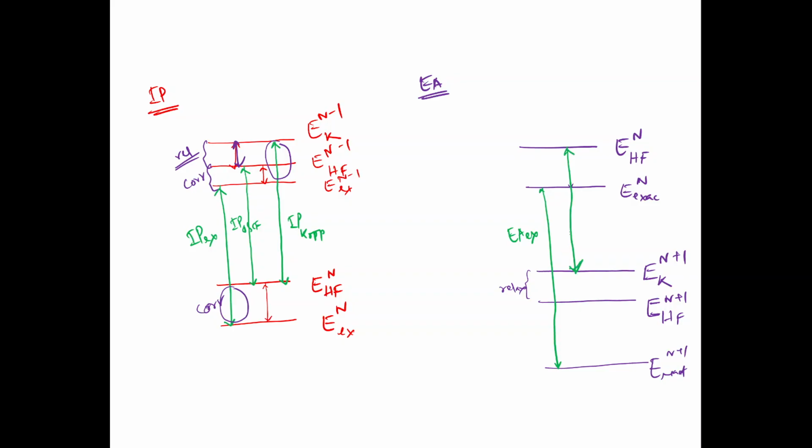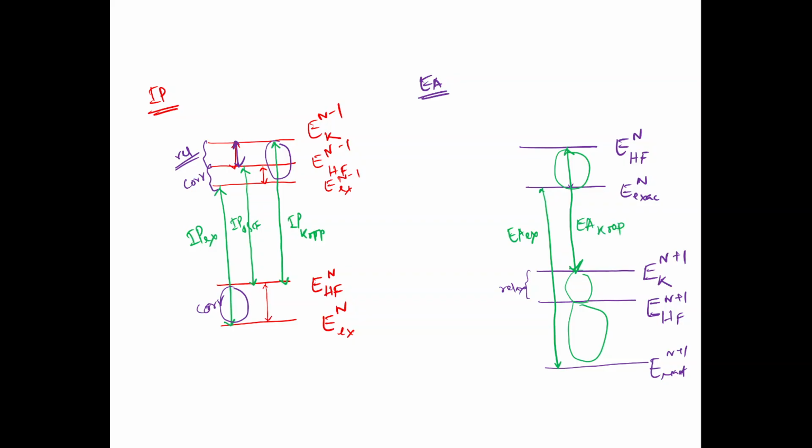Now, this relaxation difference and this other difference actually go in opposite directions, which makes it even worse. That's why your EA Koopmans is bad.